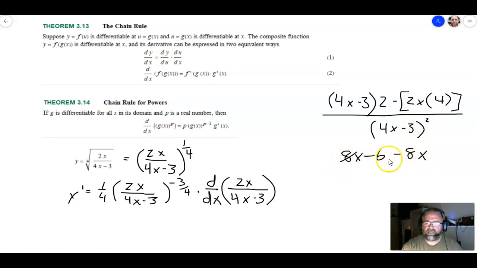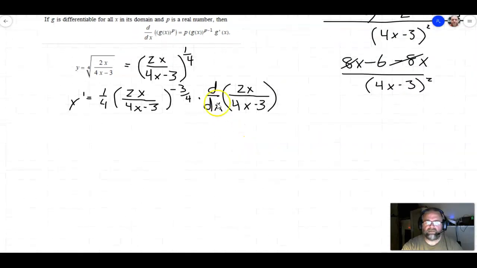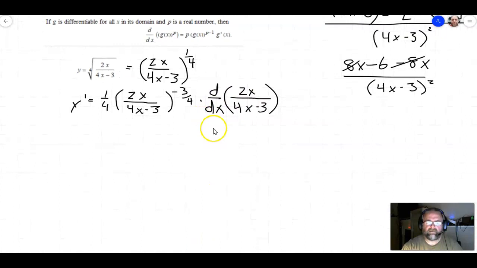All right, the 8x will cancel out, so I'll just have a negative 6 on the top, and on the bottom, I'm just going to leave that as 4x minus 3 quantity squared. So now it's just really a matter of replacing this whole thing here with this here, and then simplifying.